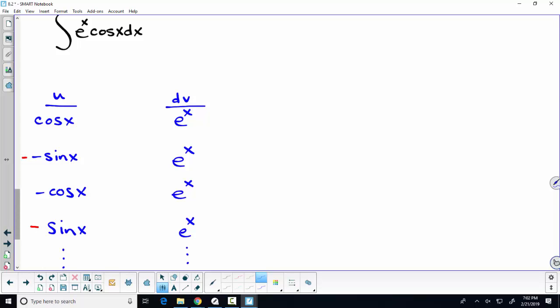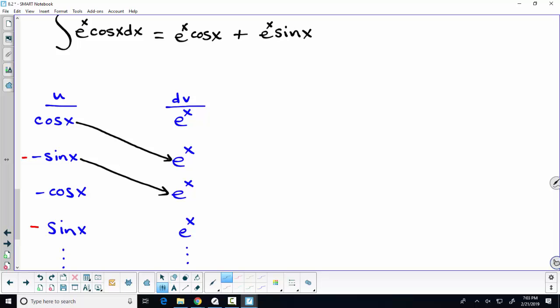So we start here with dx. Yeah. And then notice if we went diagonally this way, we would say, okay, well now I've got a negative cosine times an e to the x.